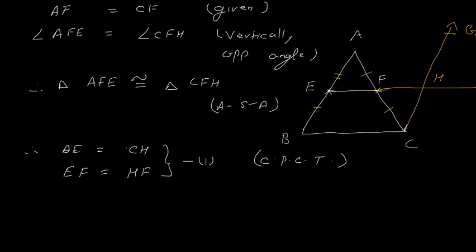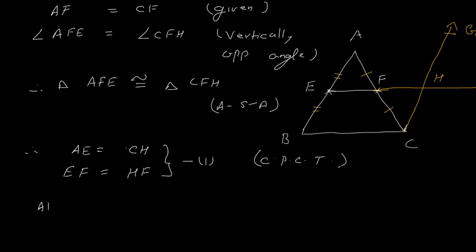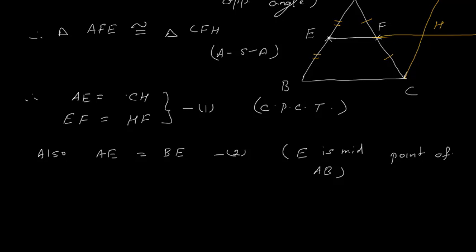So AE is equal to CH. Also, we know that AE is equal to BE. This I will consider equation 2, and the reason is E is the midpoint of AB.